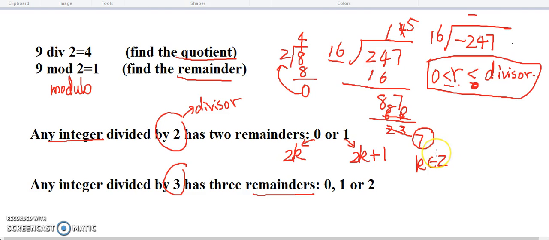And this is what we talked about before, the case of positive and negative even numbers or odd numbers.